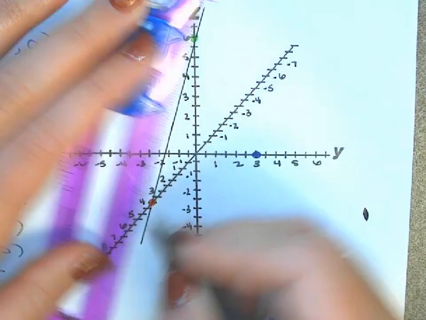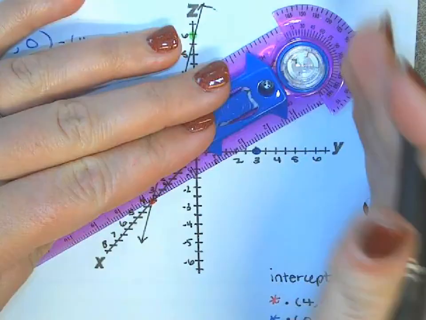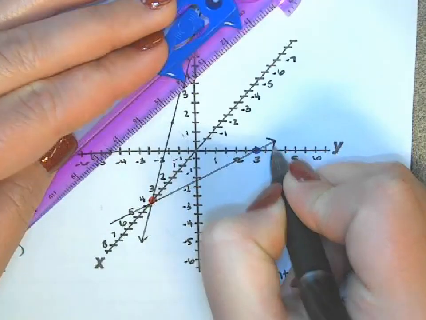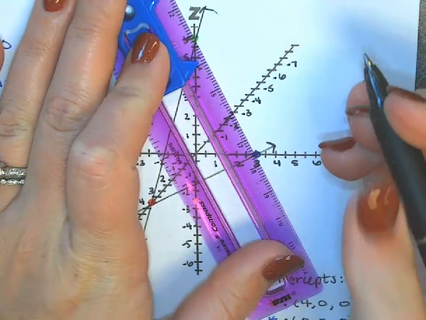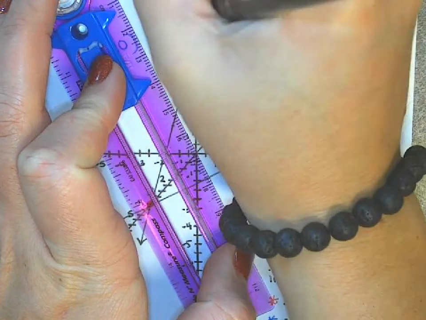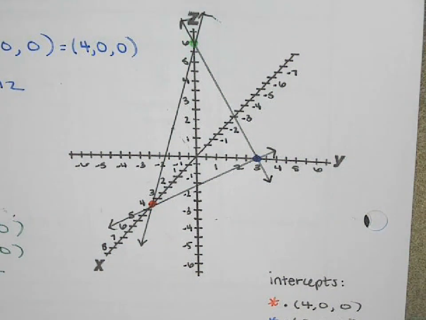So here's a line that goes through those 2 points. Here's a line that goes through these 2 points. And here's a line that goes through these 2 points. And then I'm going to shade this in so we can better see what that plane actually looks like.